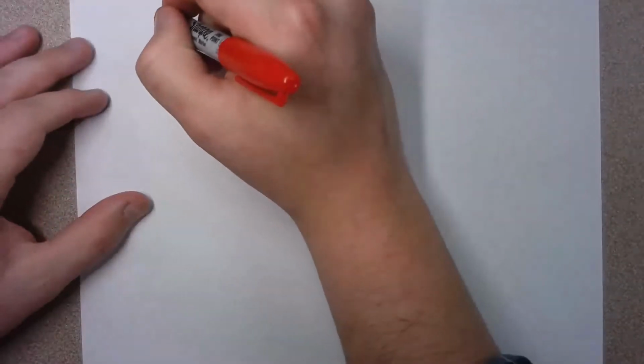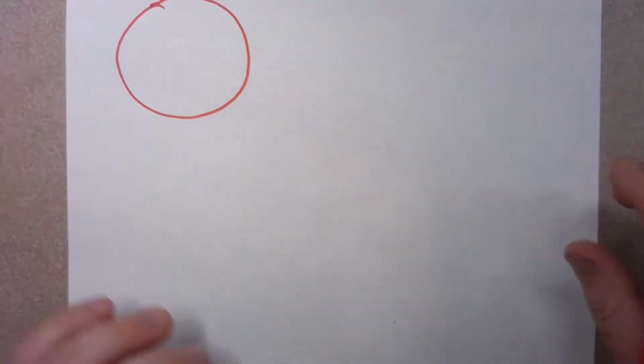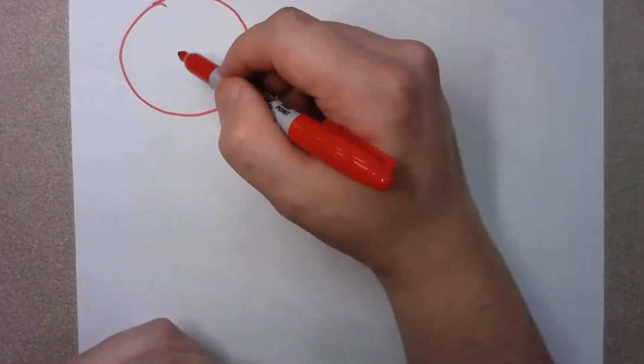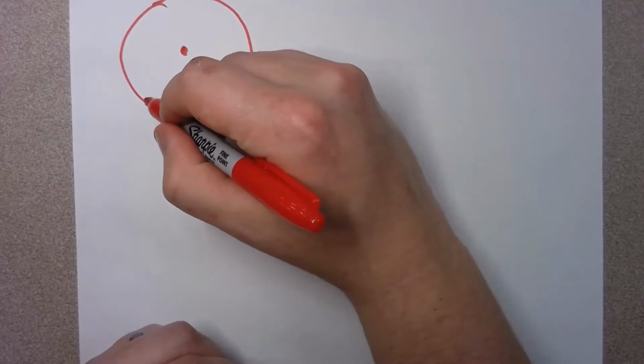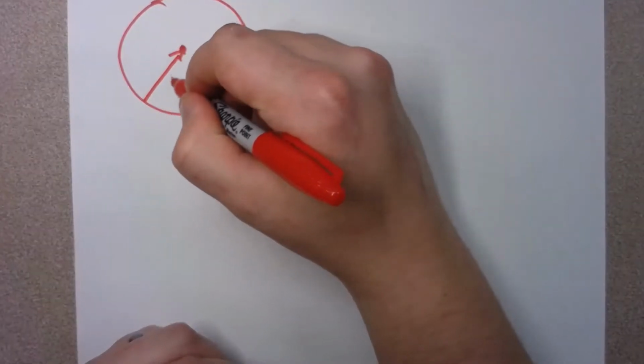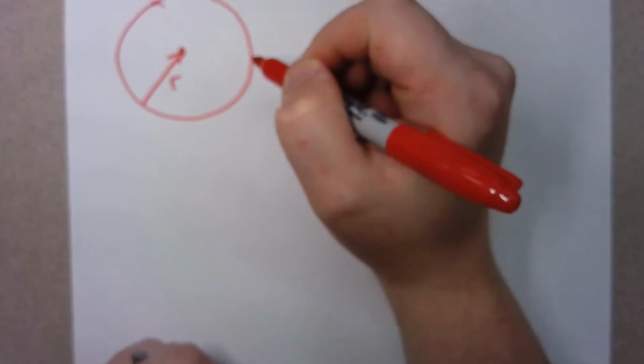The next one we're looking at is a circle. Circles are pretty easy. Your circle's centroid is the center of your circle, right there. That center is always located r away from the edge of the circle, or radius. So that's not too bad.